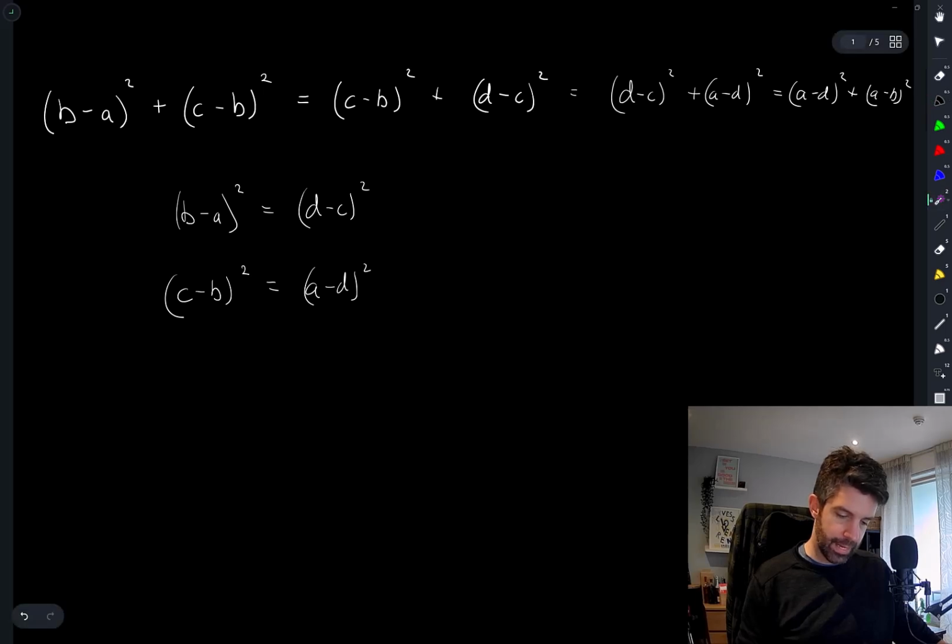But the relation I get from here, A minus D cancels, so I get (A minus B) squared equals (D minus C) squared, which is the same as this. So I have these relations.